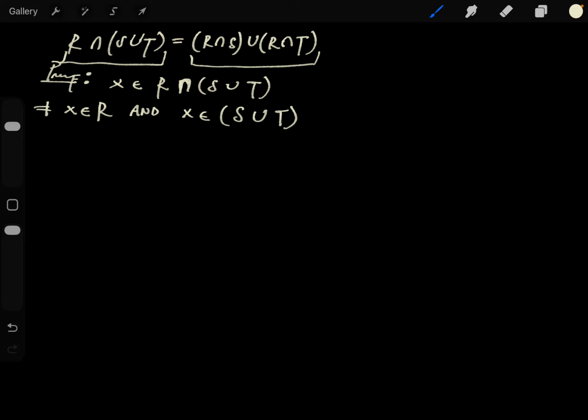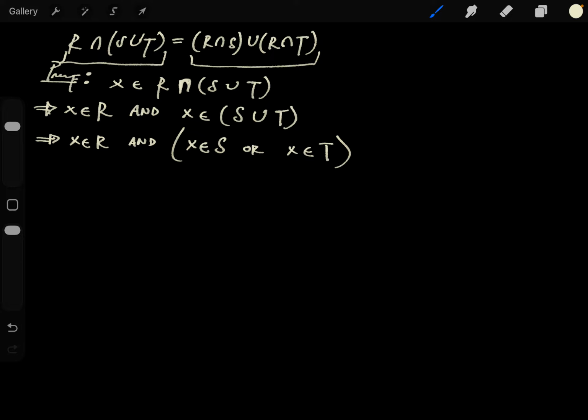And then now X being in R and X in S union T means that X is for sure in R and X is either in S or X is in T.